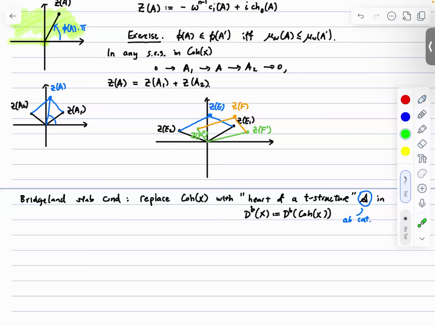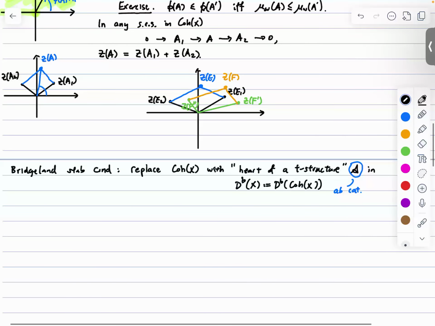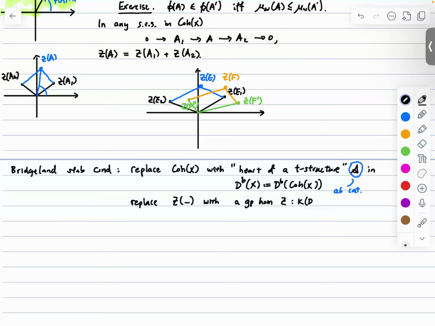And then instead of using this formula for Z, which you can use to define a number phi, you will use a different formula. So you replace the Z from above for slope stability with a Z with a different formula, but it has to be a group homomorphism. Let's still call it Z, from the Grothendieck group of the derived category to the complex numbers.